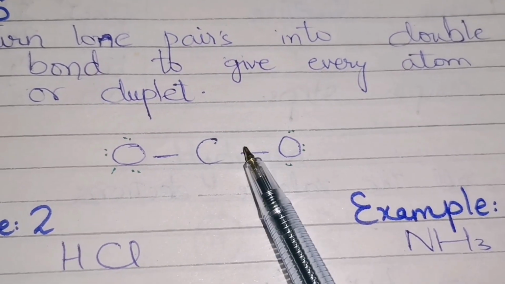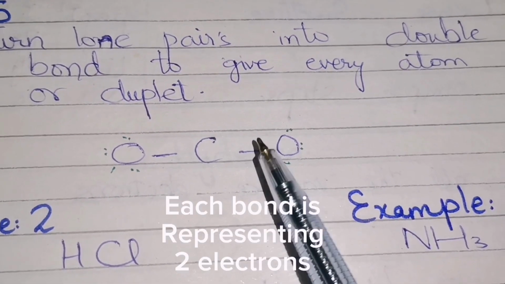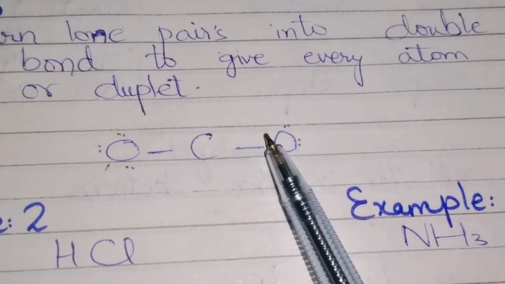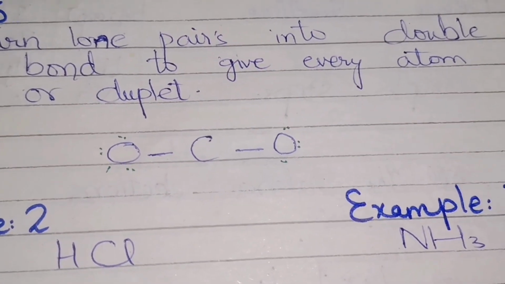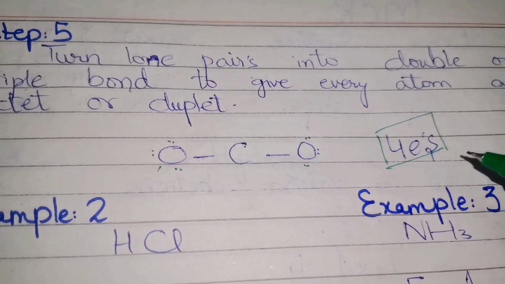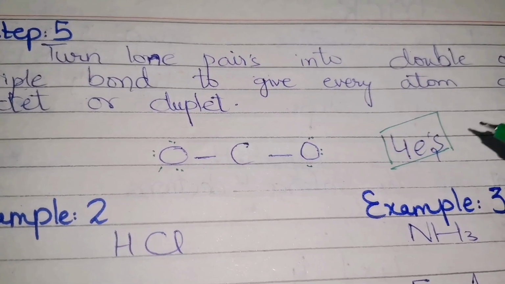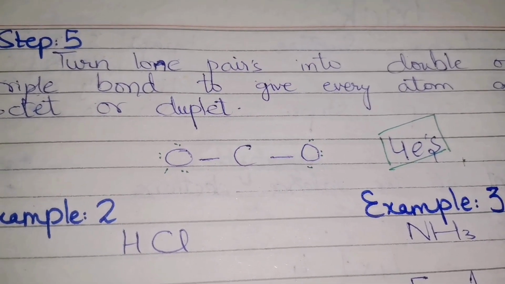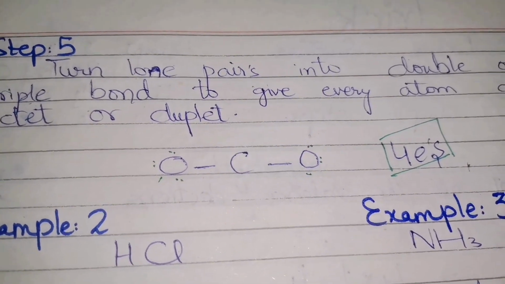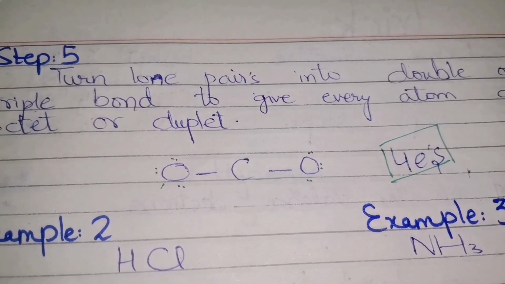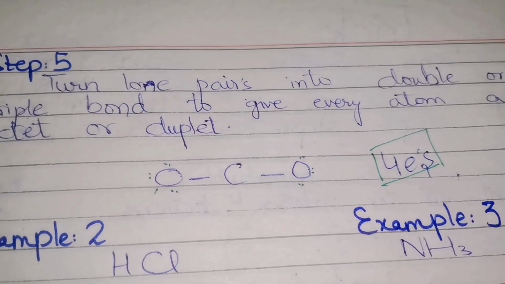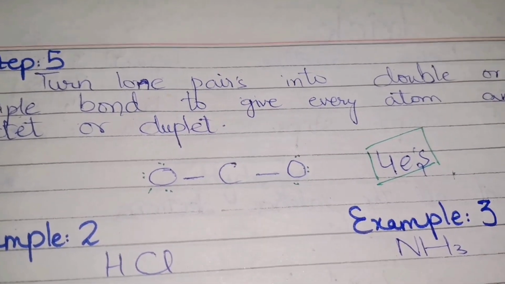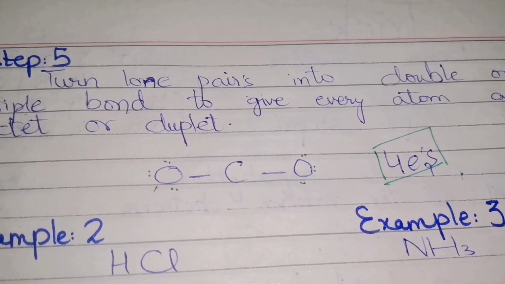1, 2, 3, 4. Each bond is considered as 2 electrons. 2 plus 2, only 4 electrons. So carbon is having 4 electrons. How many electrons we need for carbon? We need 4 more electrons. What we will do over here, that according to step 5, turn lone pairs into double or triple bond to give every atom an octet or duplet.